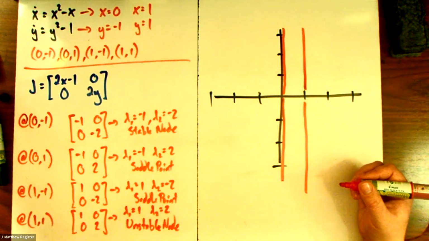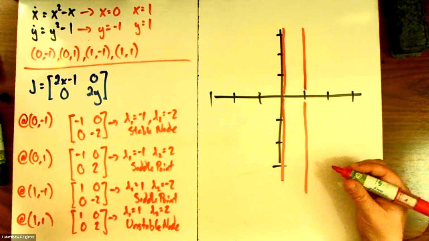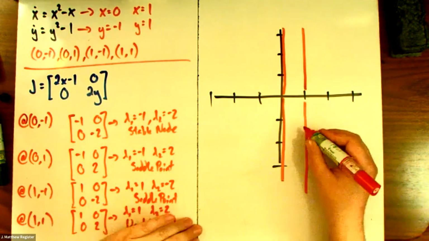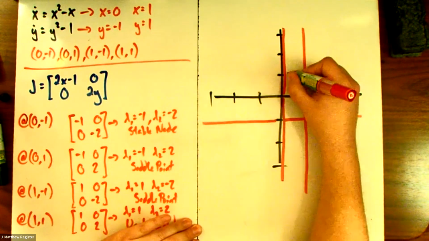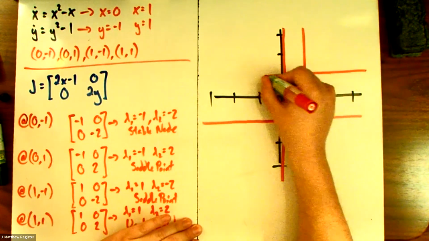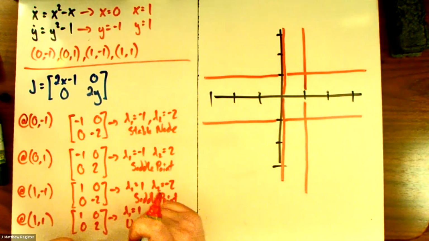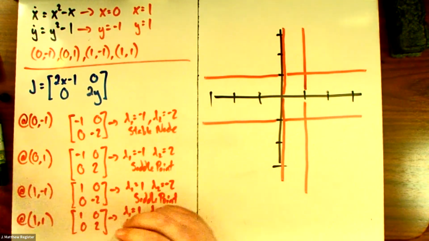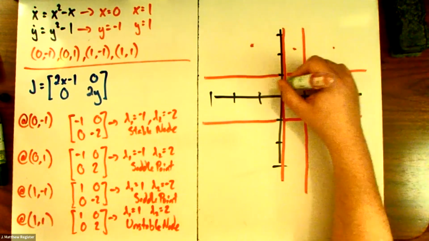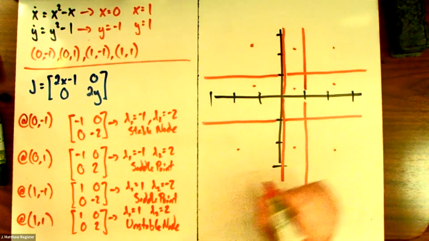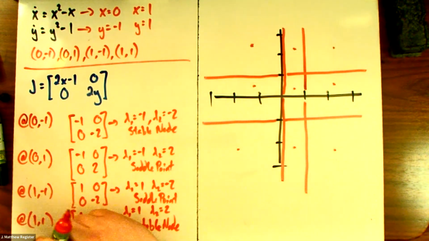We then have y equals -1 and y equals +1. Probably should have done that one in a different color, but that is okay. We now have a number of different regions which we need to figure things out in. In fact, we have 9 different regions. We want to figure out the directionality in each one of those.